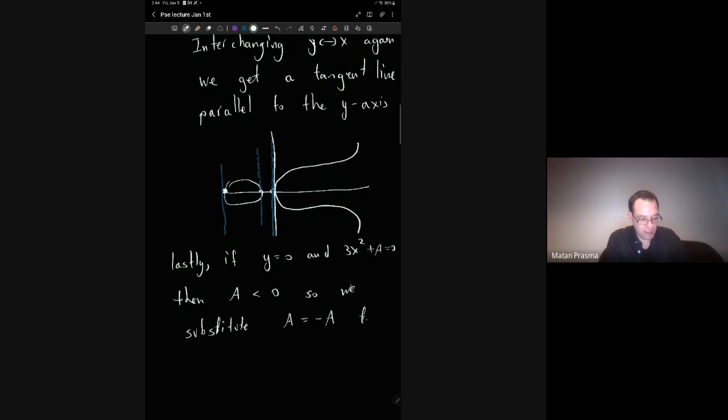Now the equation looks like y squared equals x cubed minus ax plus b, and now a is a positive number.